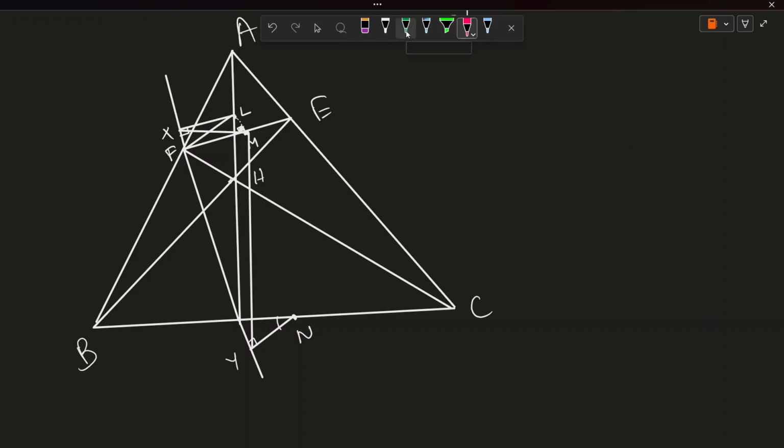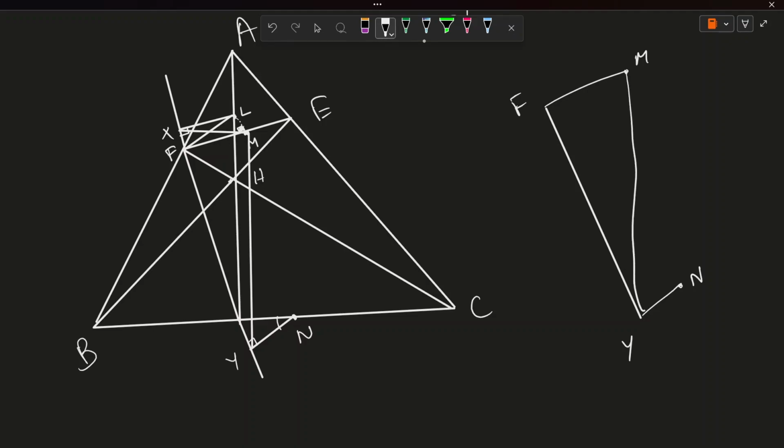And notice, by the lemma I proved earlier, wait, first let me draw another small diagram. Suppose this is F, this is M, and here somewhere is Y, and here somewhere is N. So this line is connected.